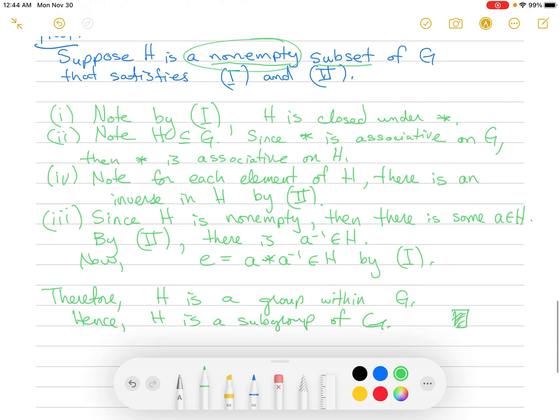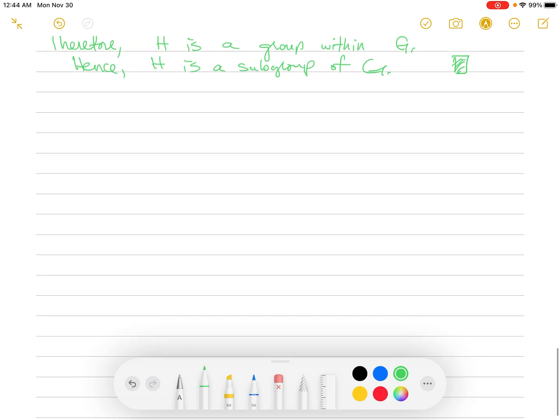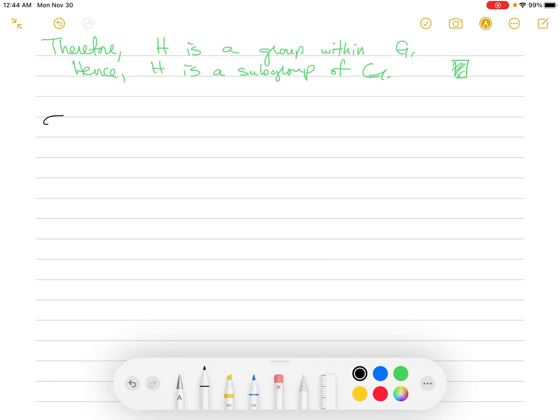Now we want to use that. We want to prove some things are subgroups. Let's go into Theorem 7.3. Before I do Theorem 7.3, let me give a definition. So we defined the center of a ring when we studied rings. We're going to define the center of the group.